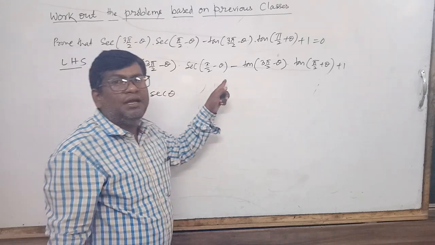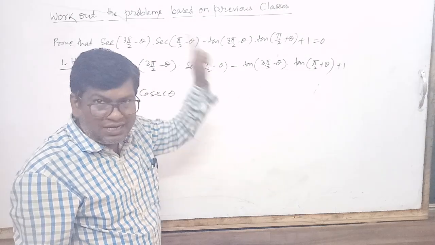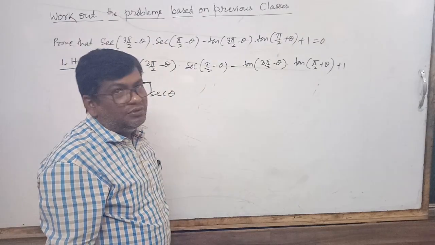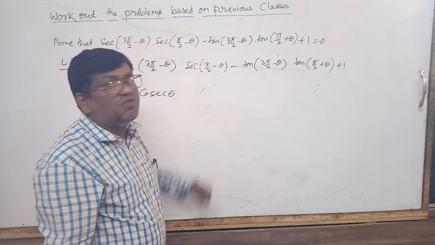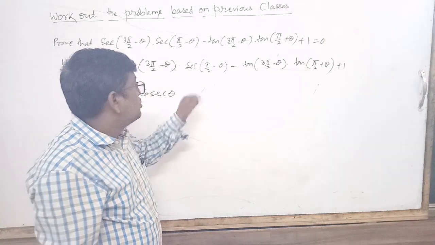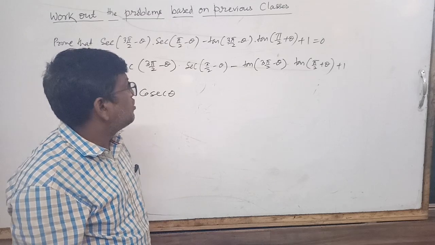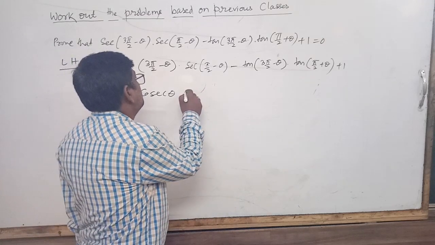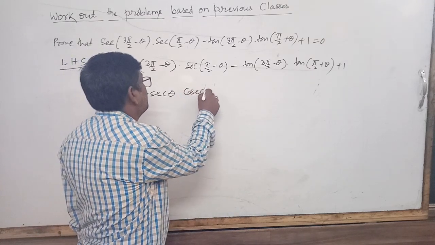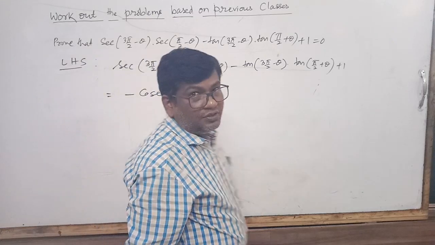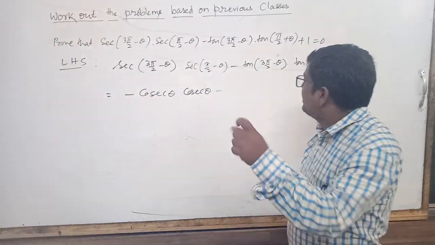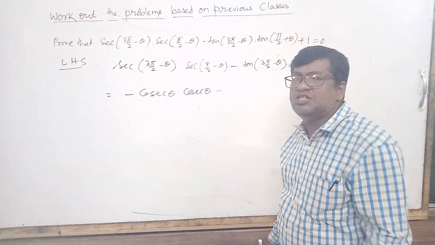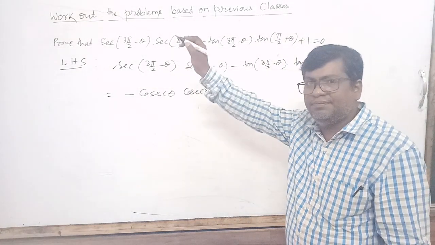Again, pi by 2 minus theta lies in first quadrant, so in first quadrant all are positive. So sec pi by 2 minus theta means cosec theta. Then tan 3 pi by 2 minus theta, 3 pi by 2 minus theta lies in third quadrant, so tan and cot are positive.